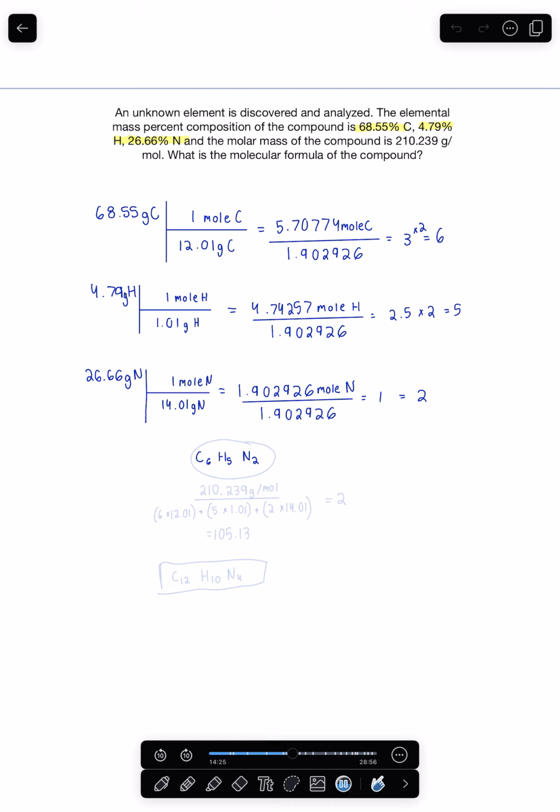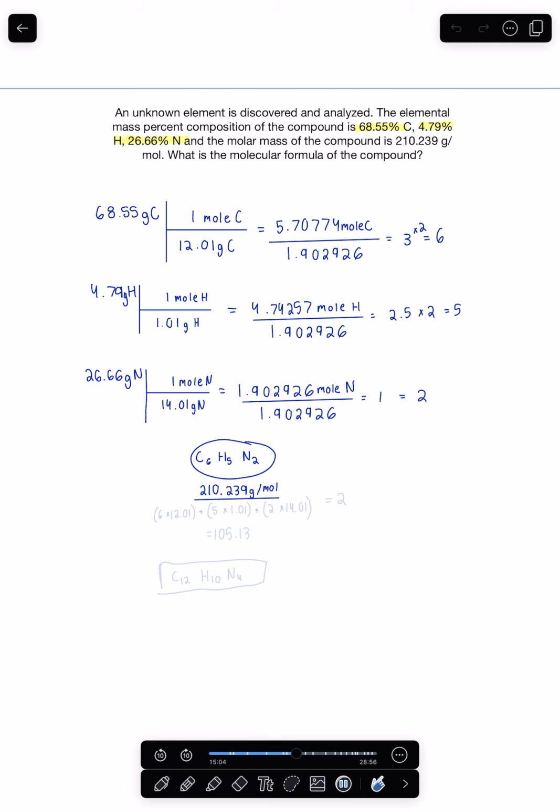Now it's time to do our molecular formula. This is how many there actually are instead of the simplified version. So first, we're going to calculate our given molar mass, or rather just put it in the top, and then underneath it, we will calculate the mass for that formula.